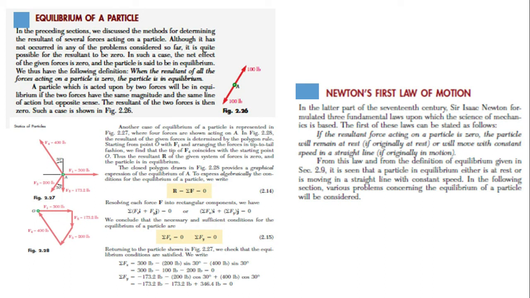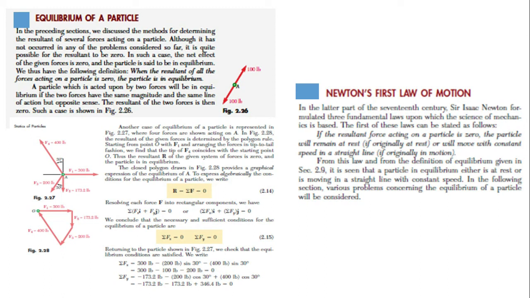Another example is being shown here. In the statics of a particle, just below, there are four forces acting. One force is F1, which is 300 pounds. The other force, F2, is 173.2 pounds, F3 is 200 pounds, and F4 is 400 pounds. These forces are there, and again they do not specifically tell you about any coordinate system.